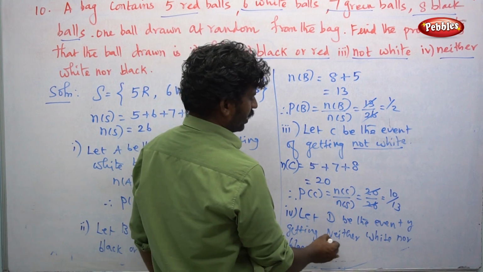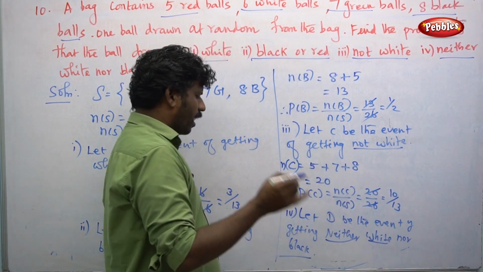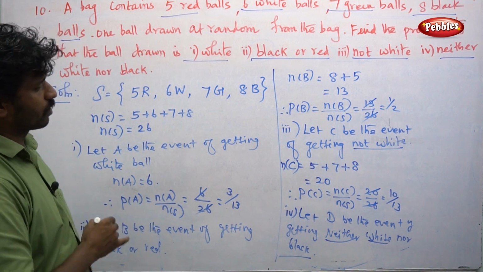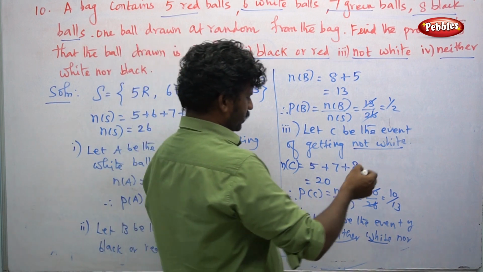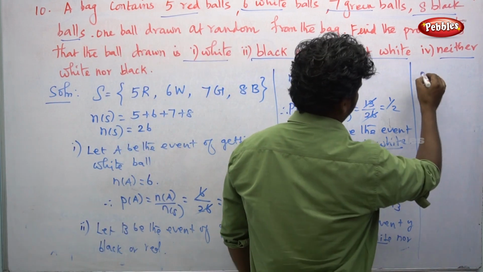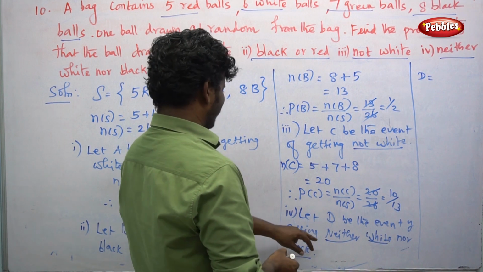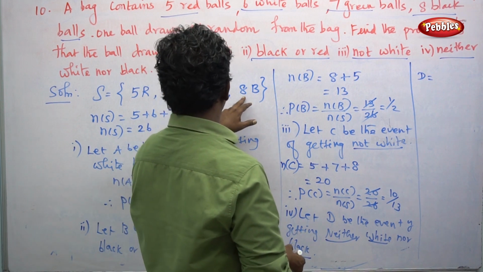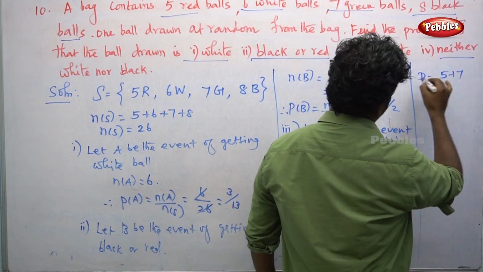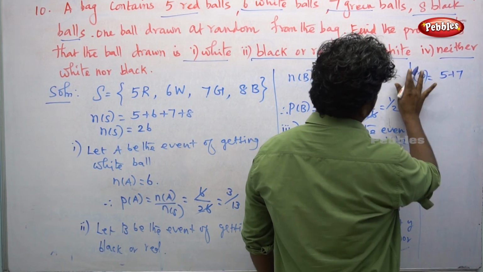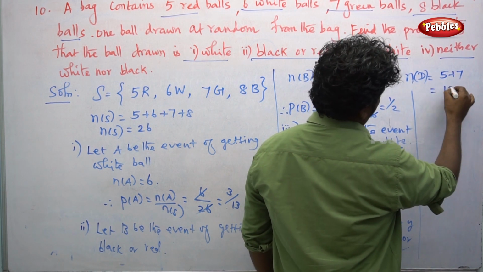Neither அப்படினு கொடுத்திருக்கு இல்லையா, which means neither white nor black னா ஒயிட்டாகவும் இருக்கக்கூடாது, பிளாக்காகவும் இருக்கக்கூடாது. அப்போ ஒயிட்டையும் பிளாக்கையும் விட்டுட்டு மற்றதை ஆட் பண்ணிக்கணும். This is the D event. So the D is equal to neither white nor black. White out no, black out no. The remaining 5 plus 7. This is n of D. So this is equal to 12.